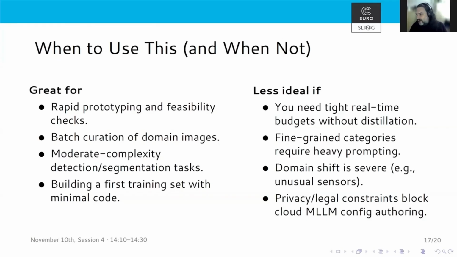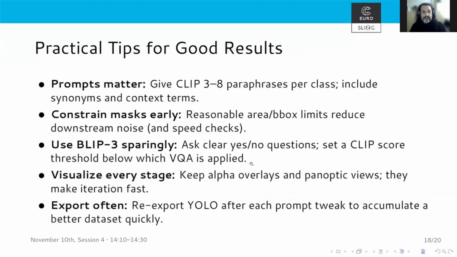This won't work. It's good if you have goats versus a bucket and versus, I don't know, a sign. And of course, if you have privacy constraints, you cannot use a public LLM for configuration. So at least some images have to go out to the LLM if you want to do it.